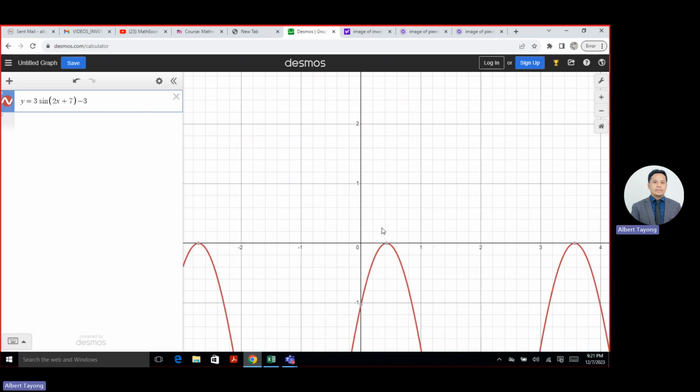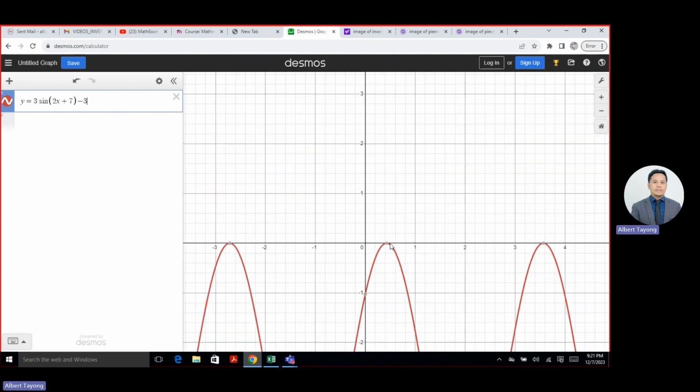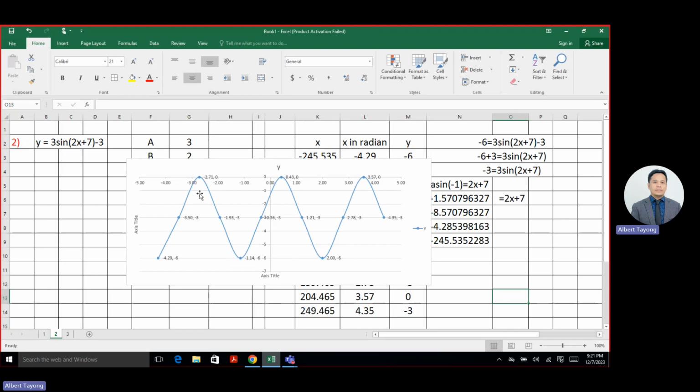Okay, so as you can see here, we have our first x-intercept followed by this one. So as I said, the x-intercepts are along the x-line. This and this and this one, okay? So it is the same here.